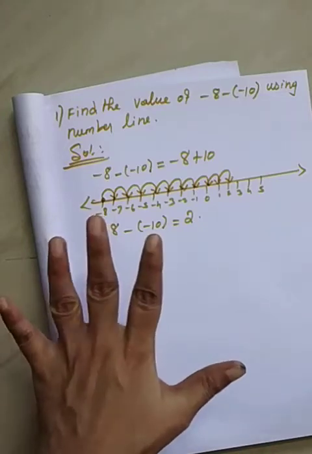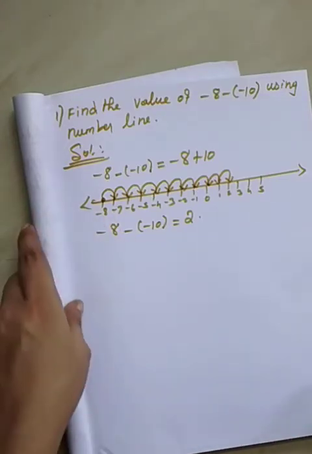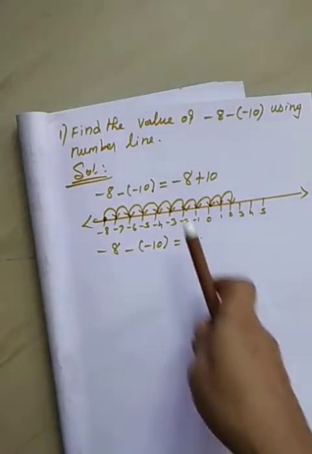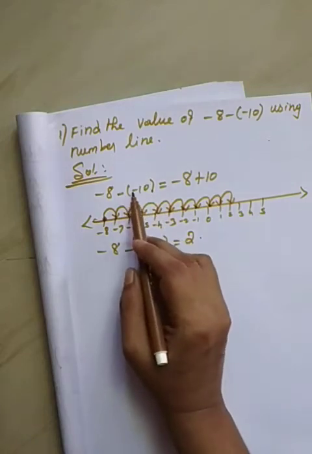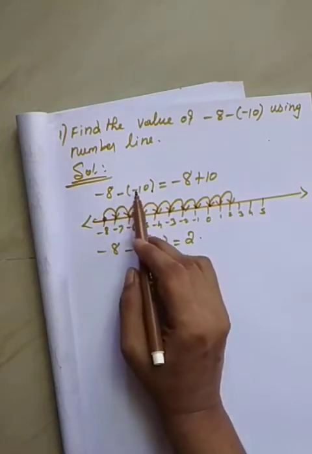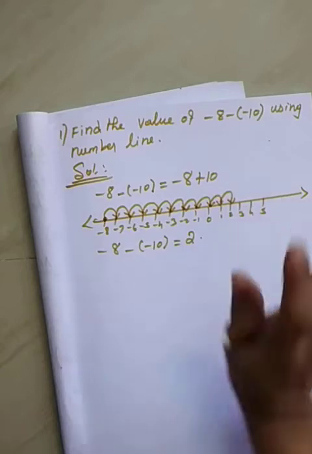Everybody clear? Okay, see here. What is the given question? You have to find the value of -8 minus of -10 using number line, right? Everybody knows the additive inverse of -10 is 10. You can replace minus of -10 with plus 10.